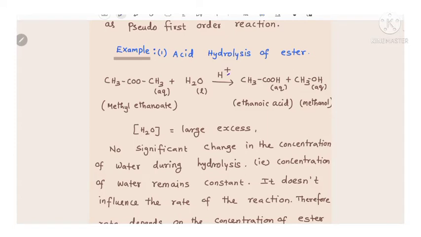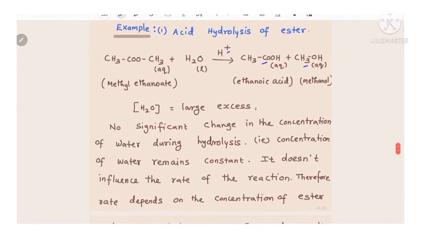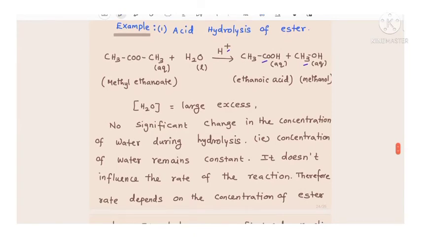As a result of hydrolysis, that ester gives a carboxylic acid and an alcohol. Here the ester we use is methyl ethanoate, a product formed between methanol and ethanoic acid, which on hydrolysis with water gives a carboxylic acid, ethanoic acid, and an alcohol, methanol.